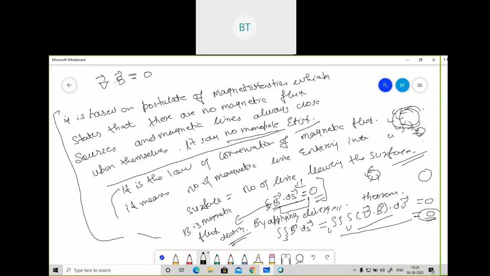This term will be equal to zero because I am talking about a closed loop. If I equate this to zero, I'll get the divergence of B is equal to zero. This is the simple form of the equation.